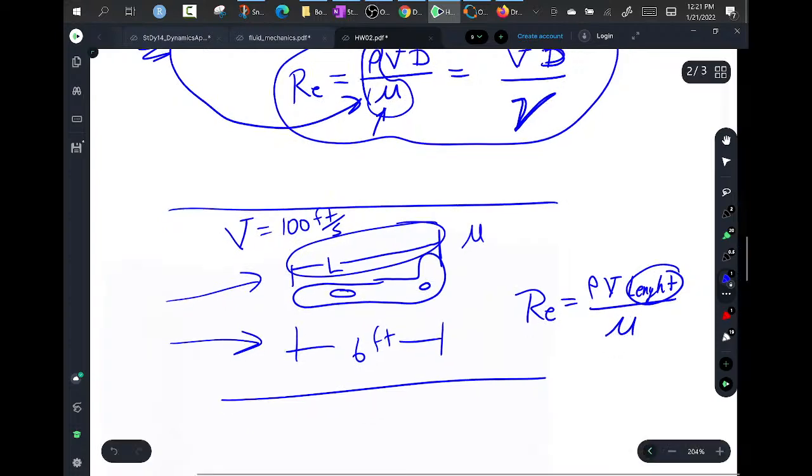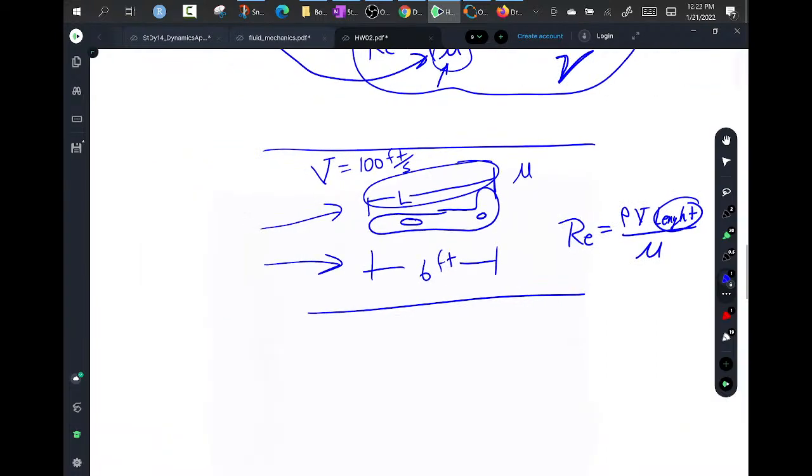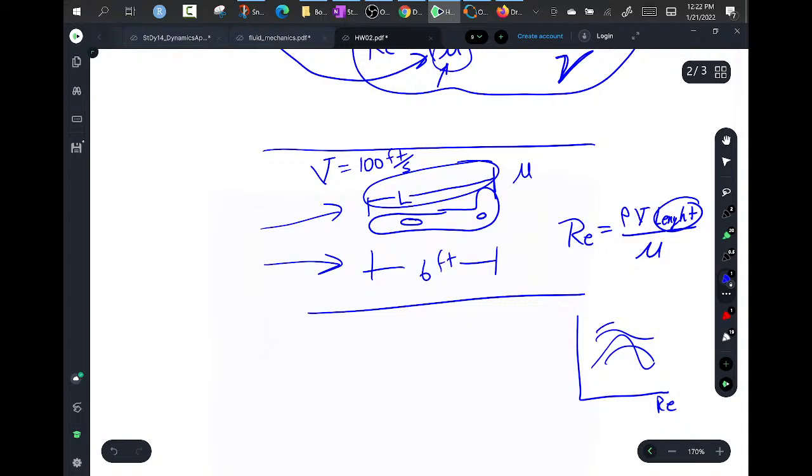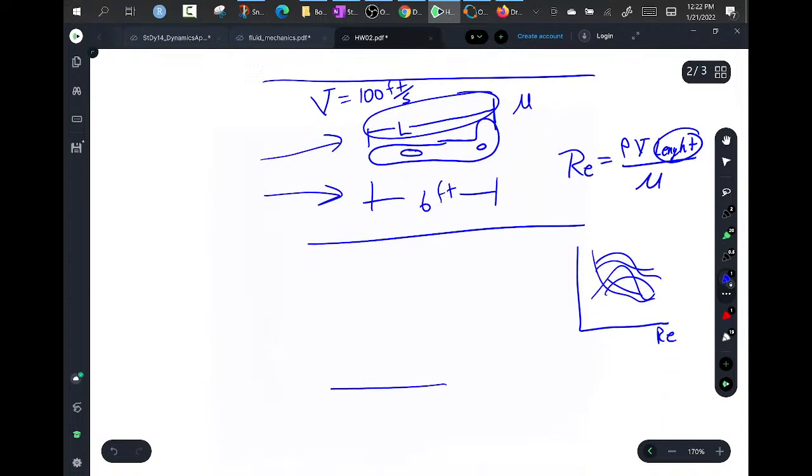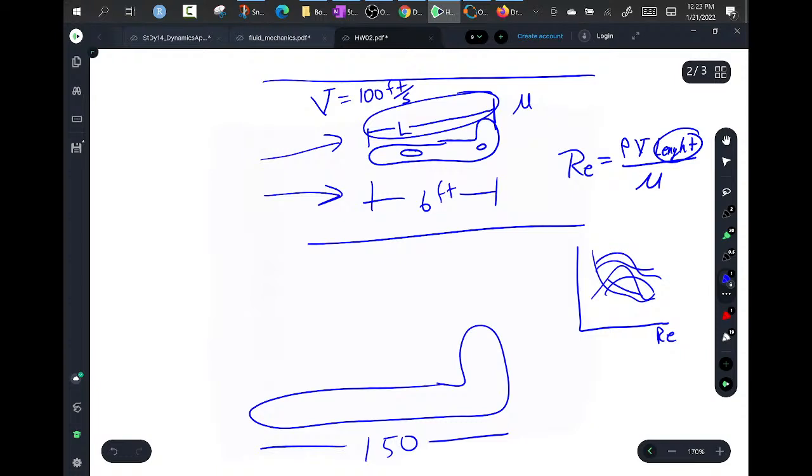Then I can take all my data and plot it against Reynolds number, and then I go back to a real aircraft that's maybe 150 foot long. I don't know how long they are, I'm just making this up. The Reynolds number now applies to that.